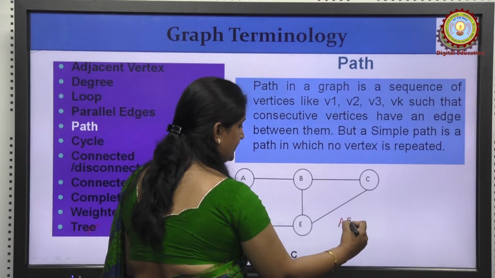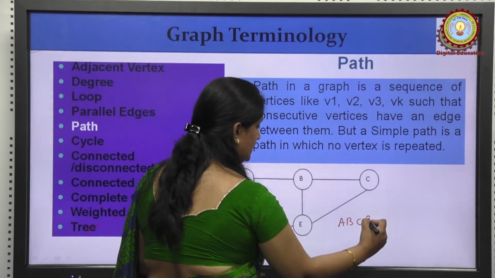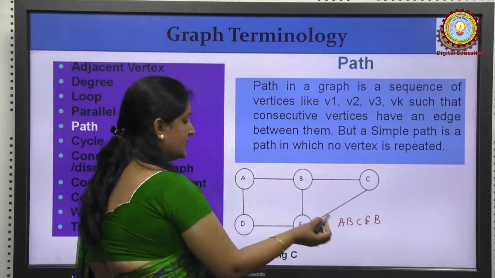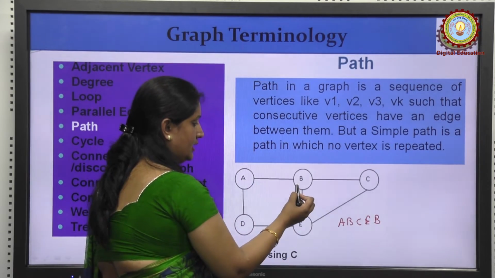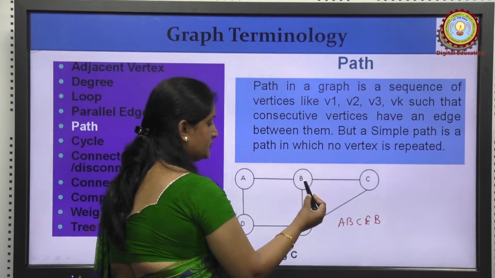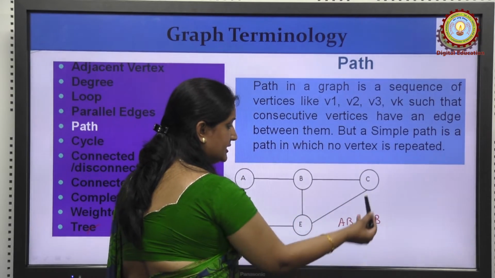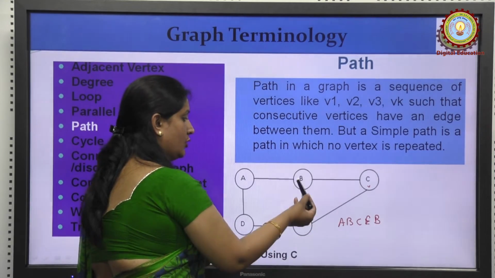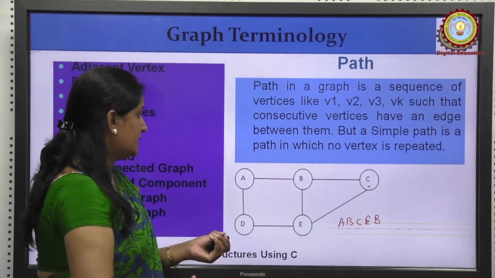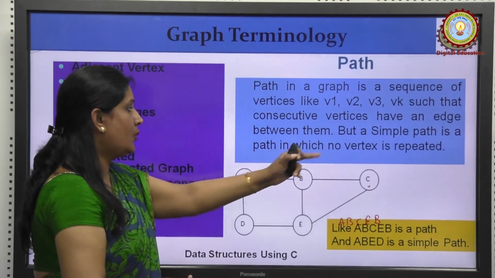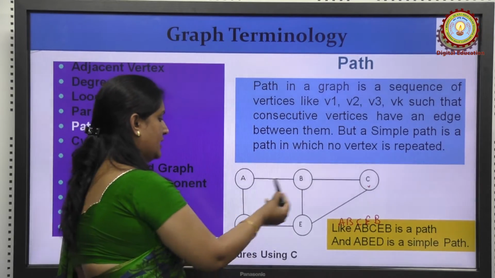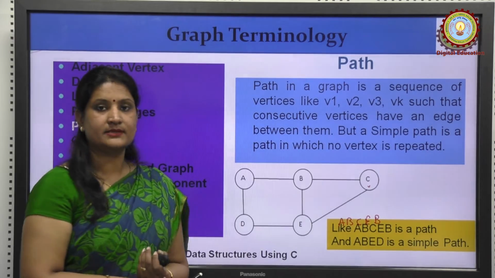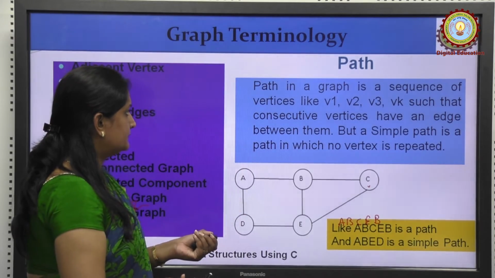A, B, C, E, B is a path because there is an edge between A comma B, between B and C, between C and E, and between E comma B. But in a simple path, no vertex is repeated, like A, B, E, D. In A, B, E, D, no vertex is repeated. So this is the path.